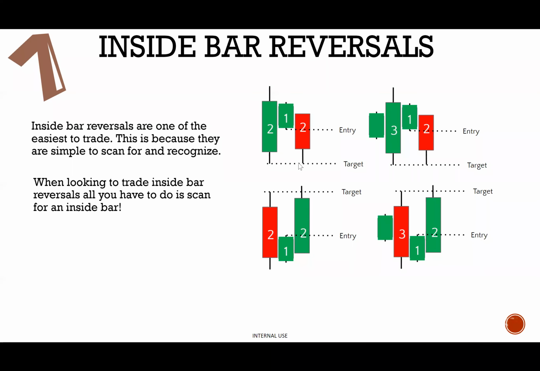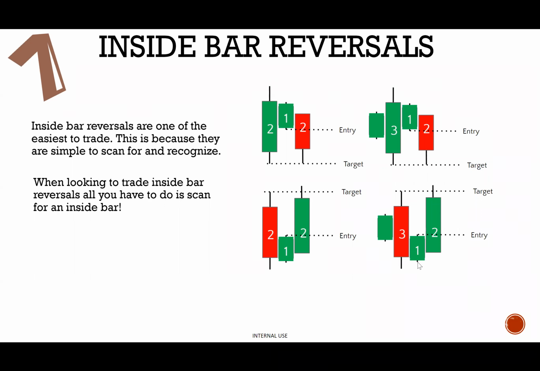These on the top are bearish reversals, 2-1-2 to the downside, 3-1-2 to the downside. And on the bottom are bullish reversals, 2 down, 1, 2 up, 3-1-2 up. But wherever the entry is, all your stop losses will be on the opposite side of that wick. So this would be your stop loss as it's presented.